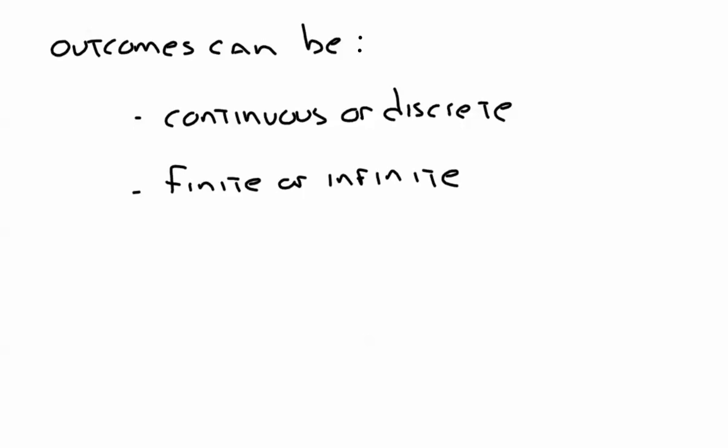The example that we just did when we tossed two coins and observed heads and tails, that was clearly a discrete, finite set of outcomes. It was either heads, tails, heads, heads, etc., and there were only four possible outcomes. So our previous example was discrete and finite. We'll have occasion to look at many continuous, in some cases infinite, collections of outcomes for various chance experiments as the semester unfolds.